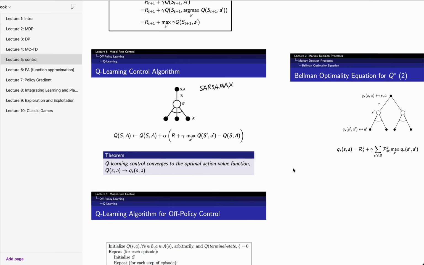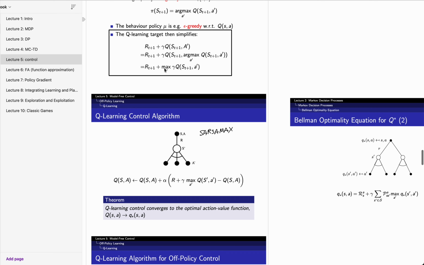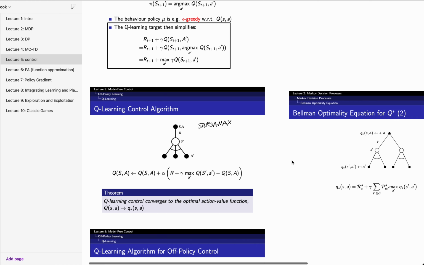Q learning is also called SARSA max because we're taking a max over the next time step's actions of the Q value function. So that's why it's also called Q SARSA max. It's updating the current Q values by using the max Q values of future states and actions.